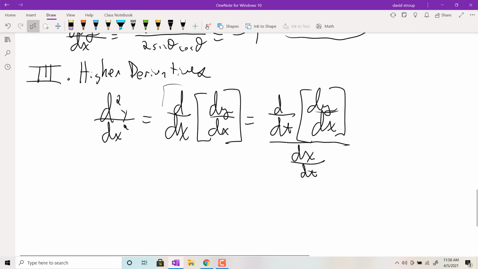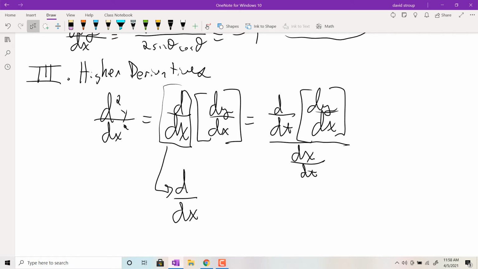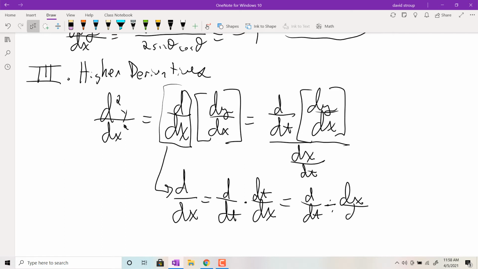And you can kind of note how that would work if you just rewrite that using the chain rule. So this is the same as the derivative with respect to t times the derivative of t all over the derivative of x. And then you could rewrite that as a derivative with respect to t divided by the derivative of x over t, and that would give you that expression.